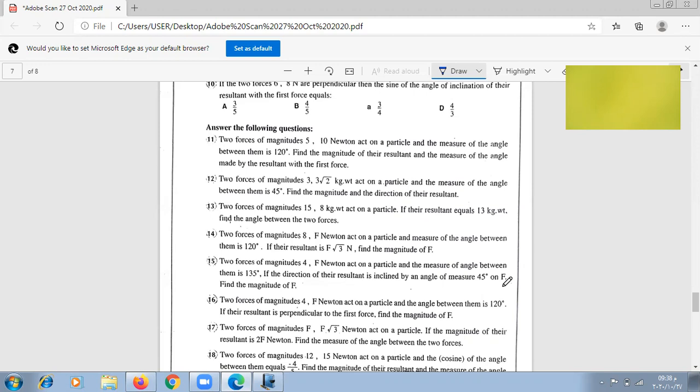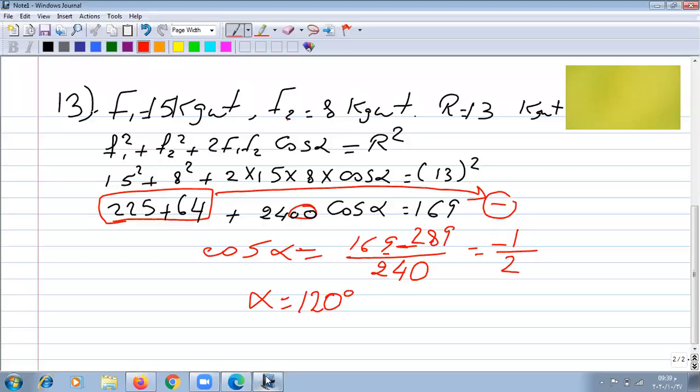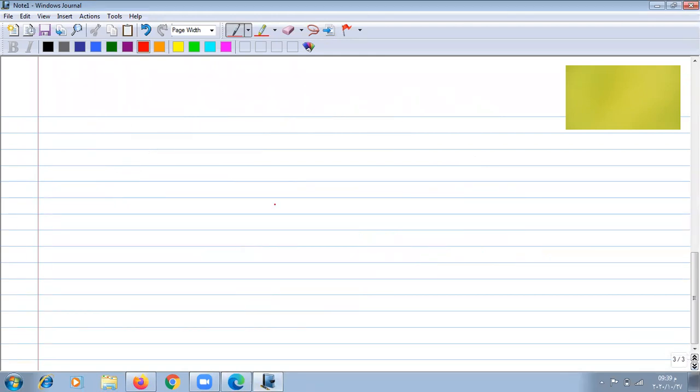In this case, theta, the angle between the first force and the resultant, will be equal to 90. Again, the two forces, 4 and F, number 15.